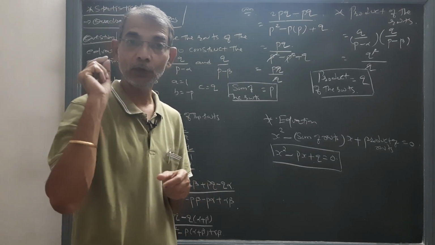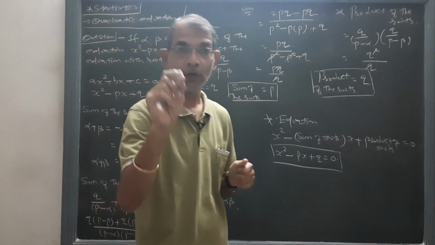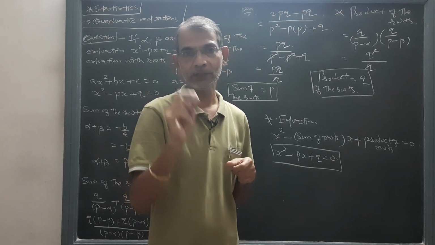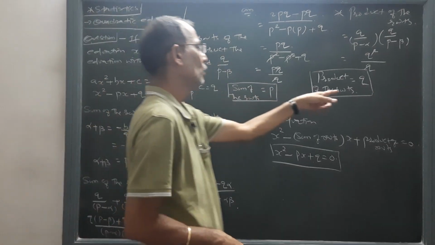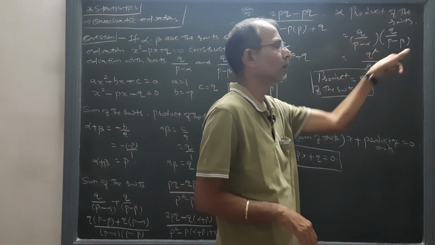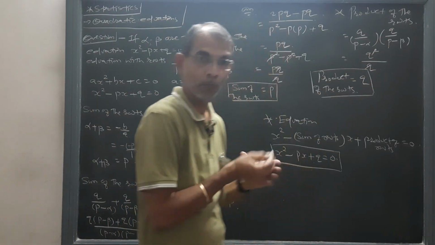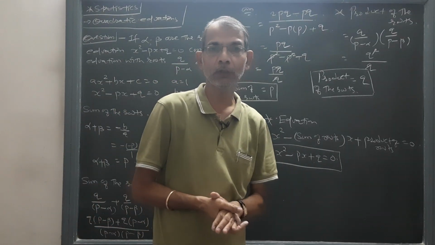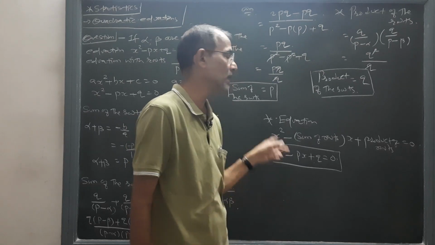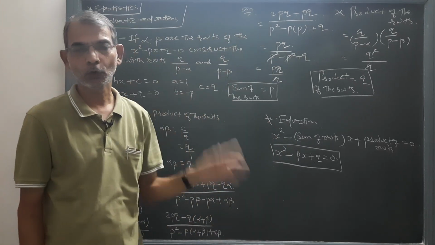Then after that we need to find the product of the roots for which we have to construct the equation, and that gave us the value q as we simplified the product, and both these values we replaced in the equation and got the equation which is equal to the question.